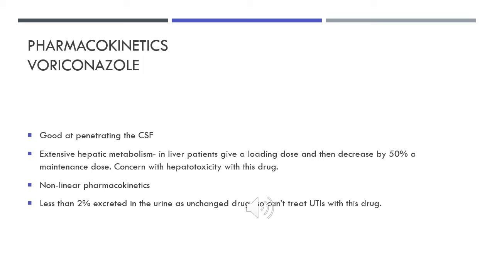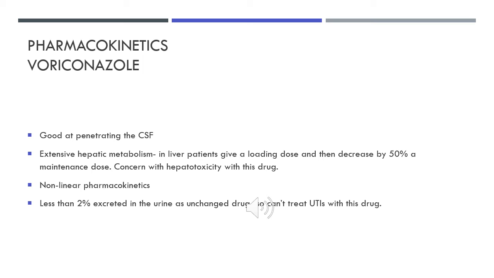When you see the statement that there's nonlinear pharmacokinetics, I want you to understand that a little bit better. What that means is that with voriconazole, when you increase the dose of the drug by 50%, it can lead to a 150% increase in the serum concentration and thus a significant increase in serum half life. It's important to consider this because some voriconazole associated toxicities are directly associated with higher serum concentrations.